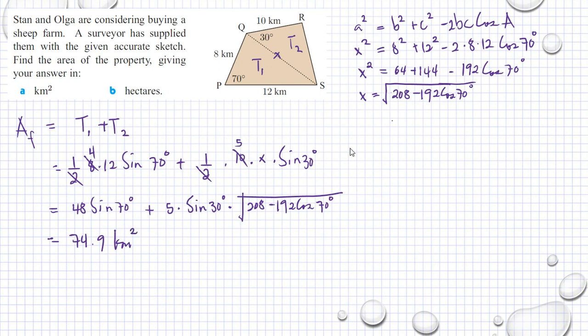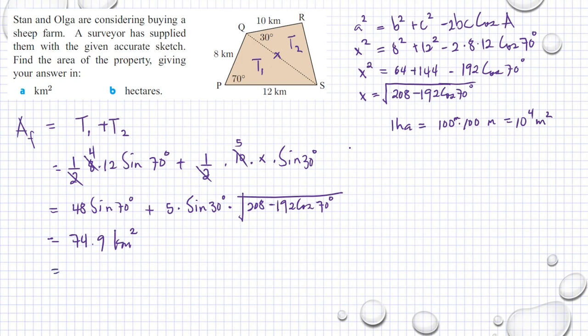And 1 hectare is equal to 100 meter times 100 meter, that is 10,000 square meter, 10 raised to 4.